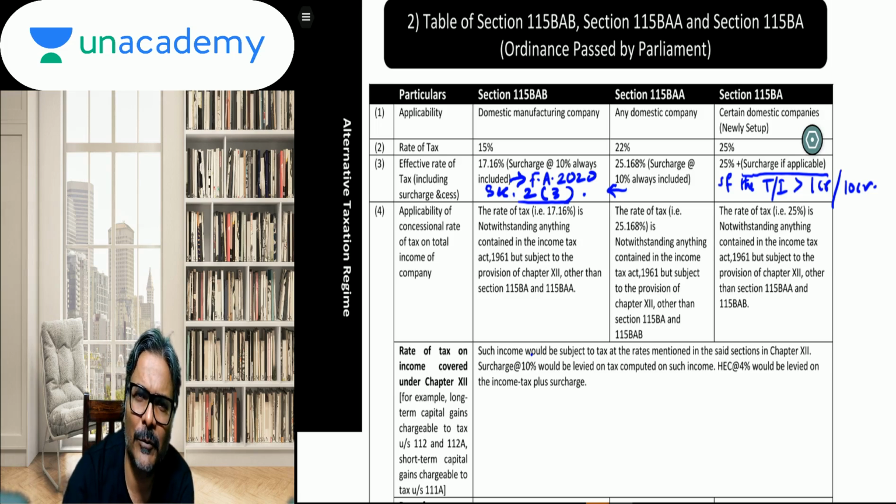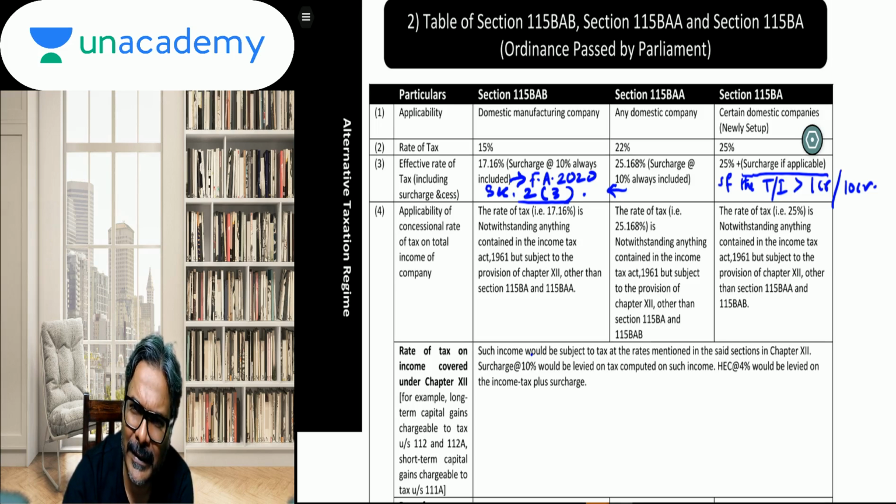And what will happen tomorrow is, whenever there is a total income which goes beyond 1 crore or 10 crores as the case may be, at that point of time this 115BA company will have the pinch. It will then get the pinch, isn't it? So that is the reason why primarily 115BA as an option is not going to be sustained.